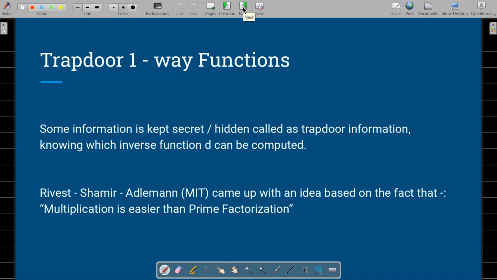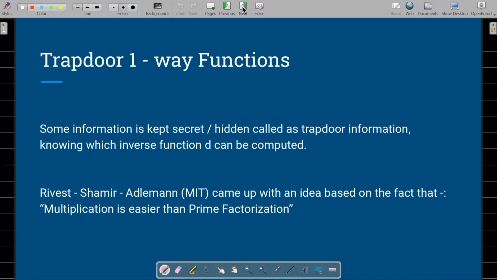If we know that hidden information, we can decrypt it, right? But all these things will be more clear once we complete RSA. So right now I'm not saying more about what is hidden, what is secret, etc. It will be clear from that example. RSA is named after these three names: Rivest, Shamir, Adleman.